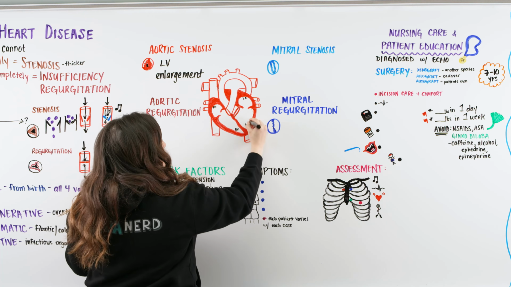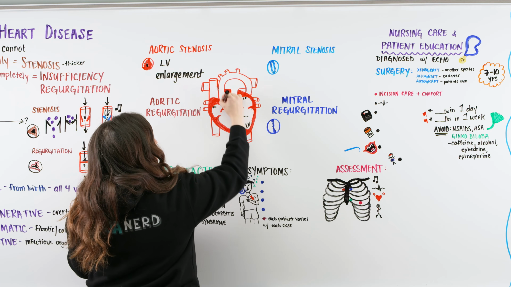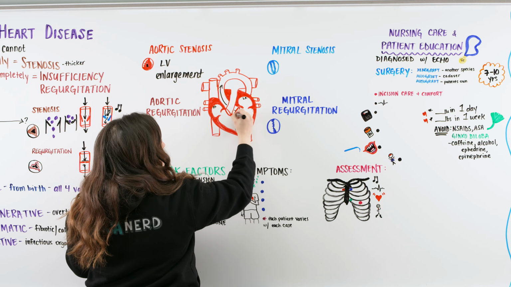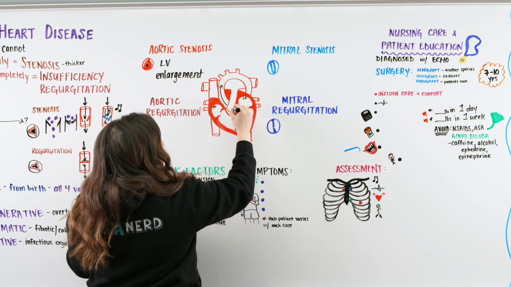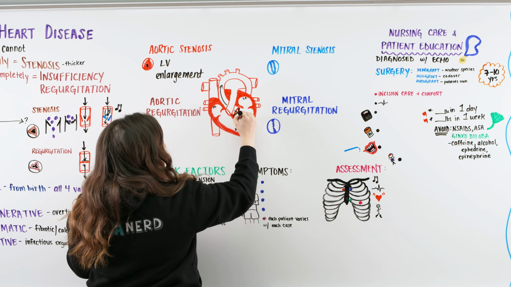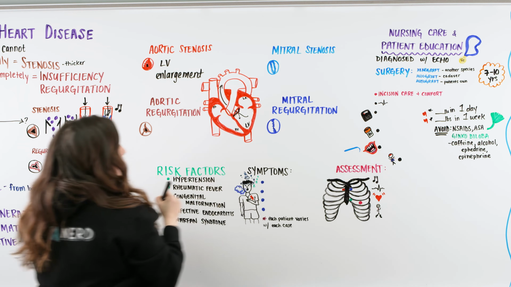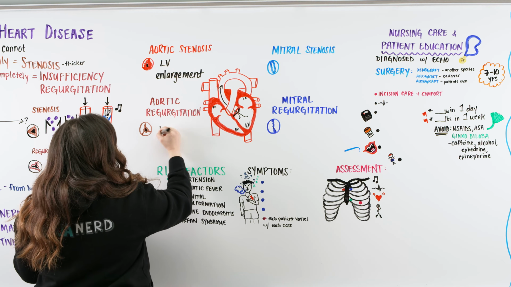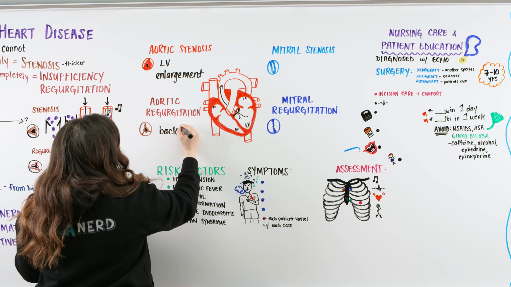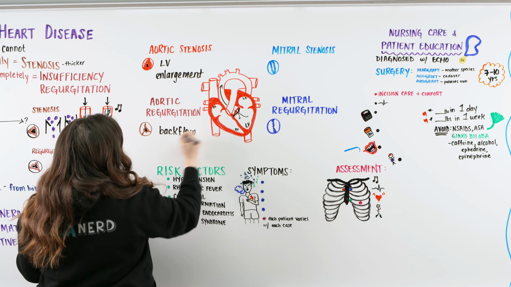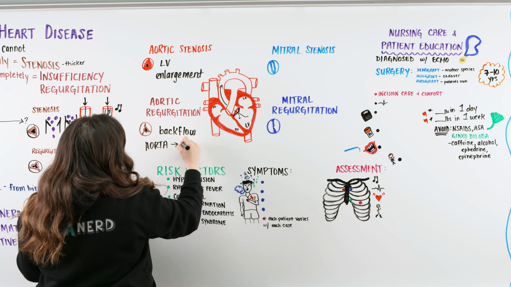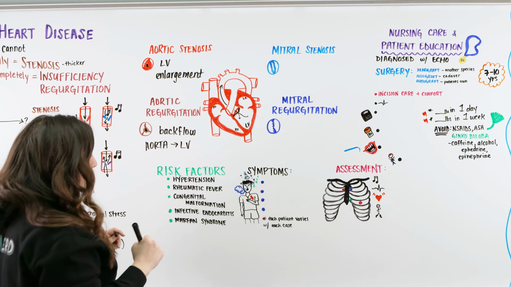The left ventricle is ejecting this blood out through the aorta, but this valve didn't quite close all the way. Because of that, some of this blood is able to trickle back in. If it trickles back in, we're allowing for backflow of blood from the aorta to the left ventricle. Okay?